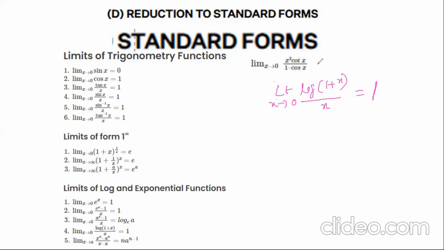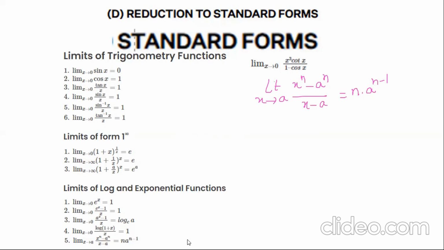Next, the last, and this is the law. This is not the least. Even though it is last, it is given a higher preference over all. What is that? Limit x tends to a, (x power n minus a power n) by (x minus a) is equal to n into a power n minus 1.